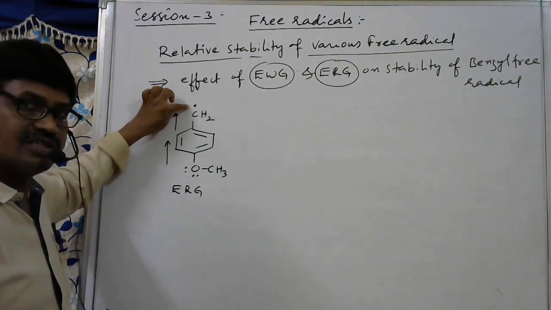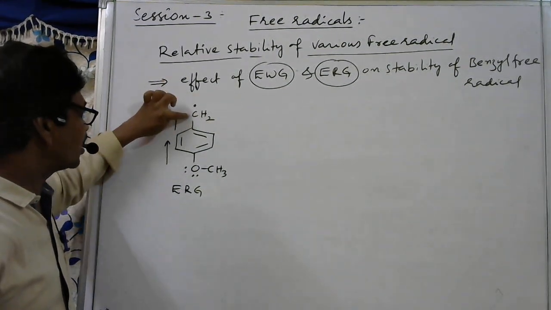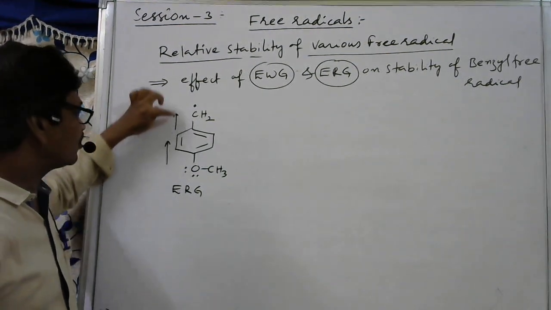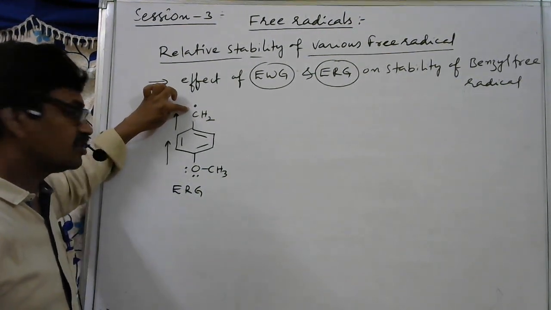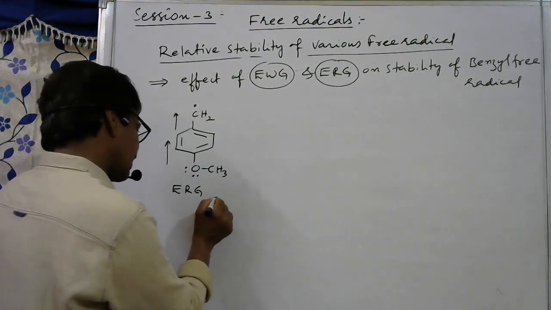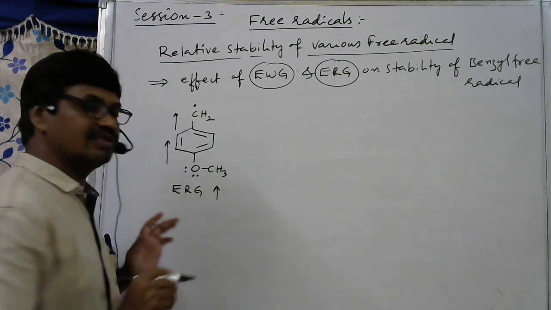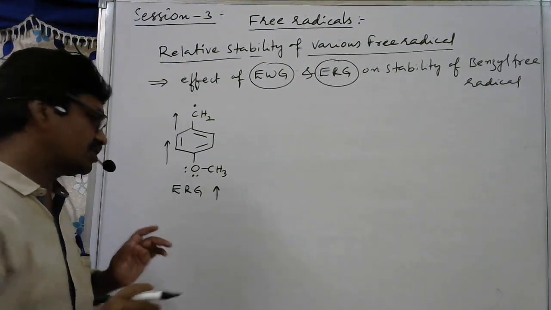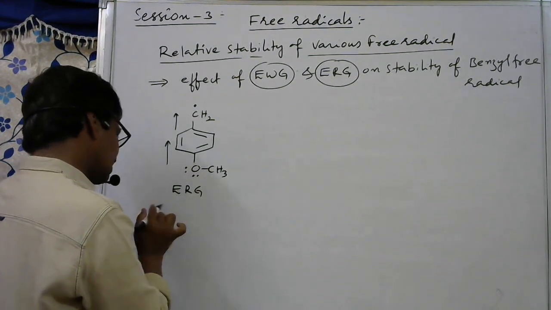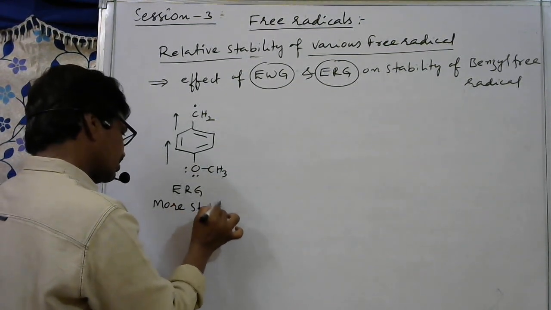Already a single electron is present, so the total number of electrons around this carbon is 7. If one electron increases, it becomes 8, an octet. In that way ERG increases electron density on CH2 dot, so it is more stabilized.